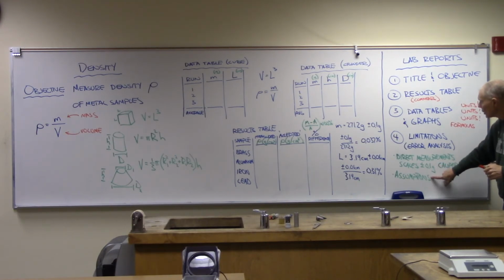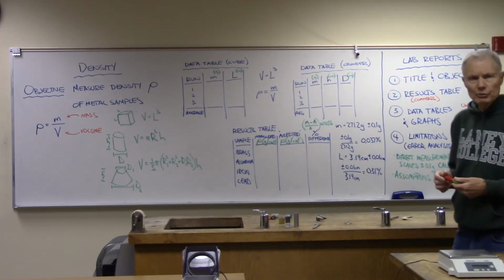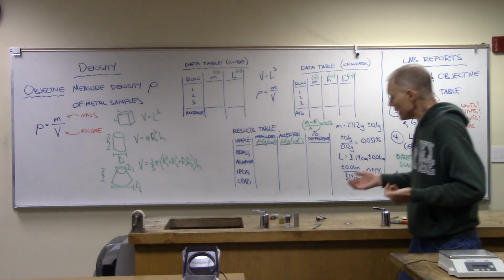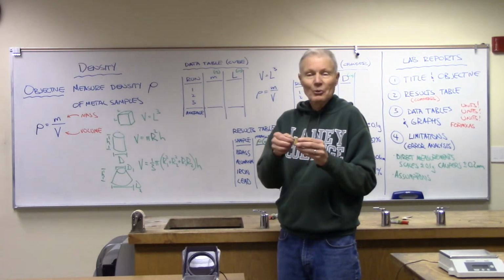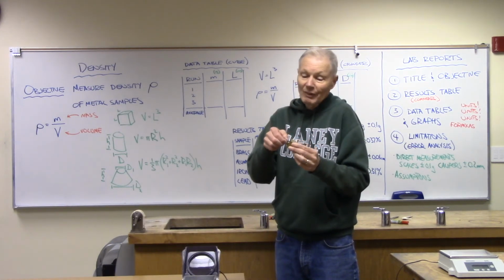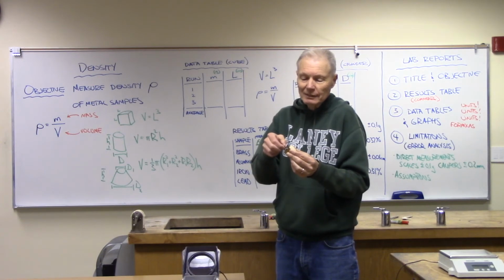Now, the other thing that should go into the limitations or into the error analysis are possible assumptions that we've made. Now, in today's lab, certainly one of the assumptions that we've made is we've kind of neglected the hooks. Now, I could take the hooks out, I guess, and do the measurements.